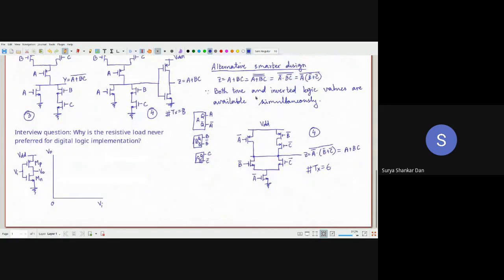So that means before the VI reaches the VTN value, what will happen? This will remain switched off. So let's just draw this line here.